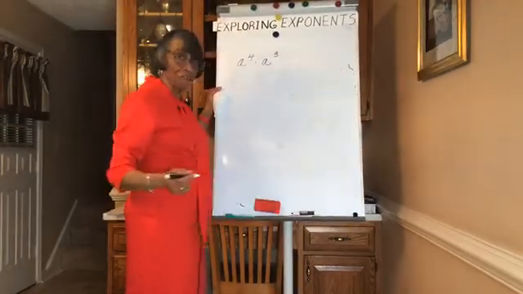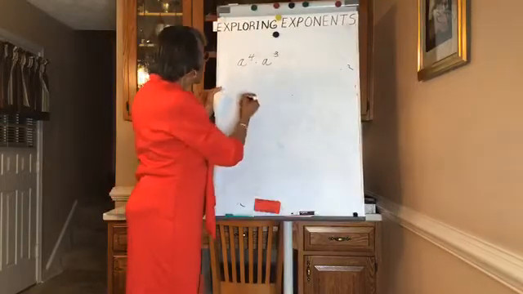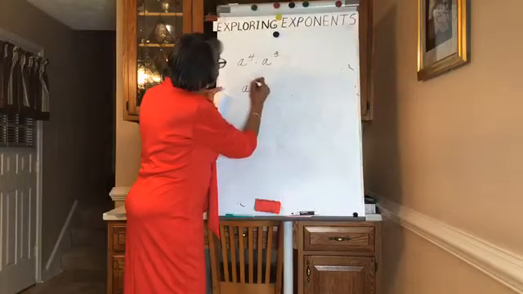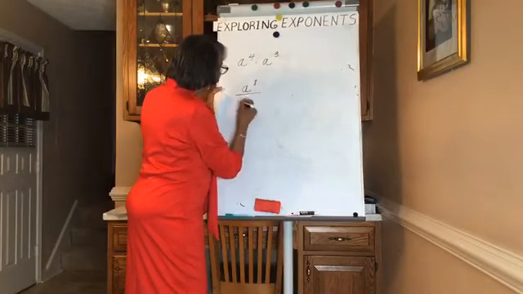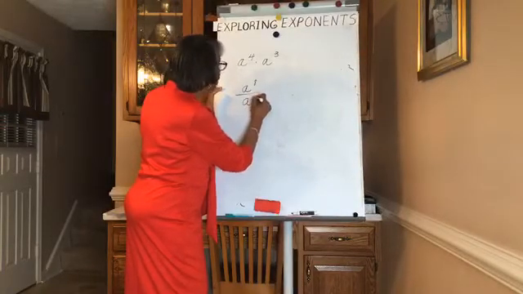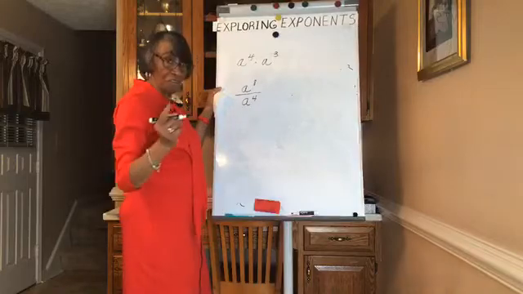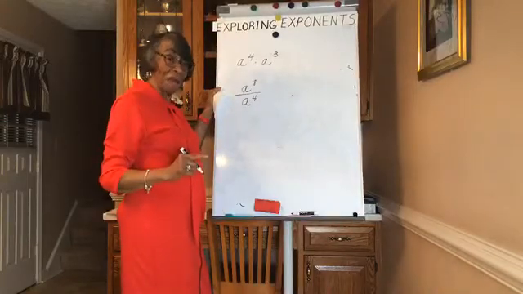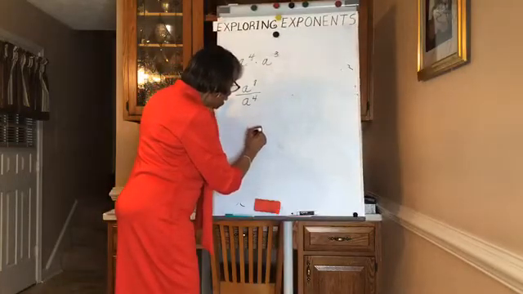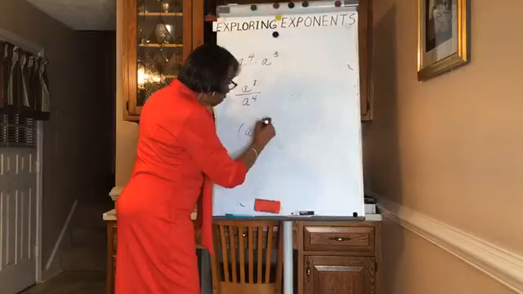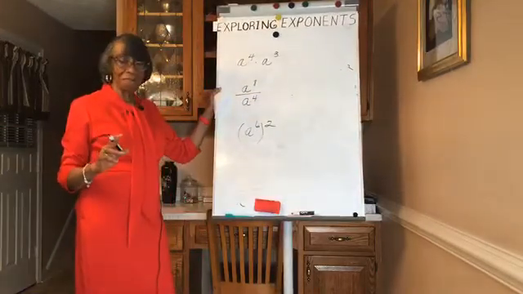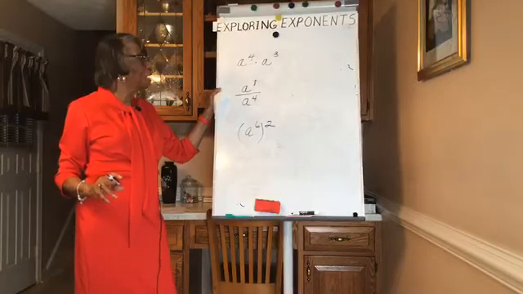We now learn how to divide them if they have the same base. A to the 8th power divided by a to the 4th power. And then we learn how to raise a power to another power. So we had like a to the 6th power raised to the 2nd power. Those are 3 types of problems that we have learned to do with exponents today.